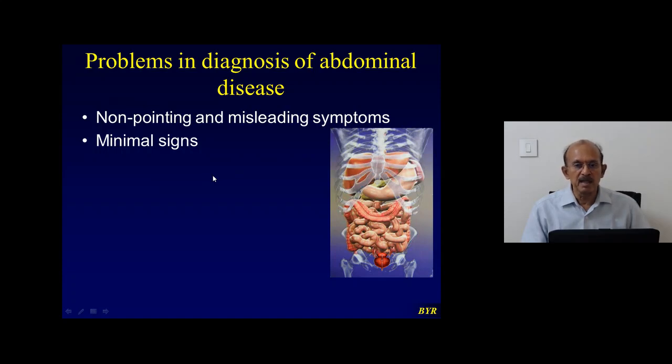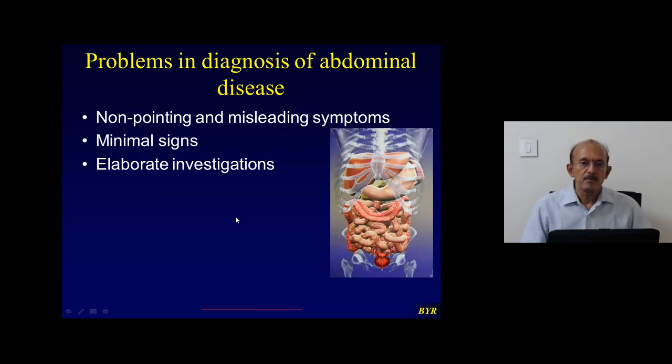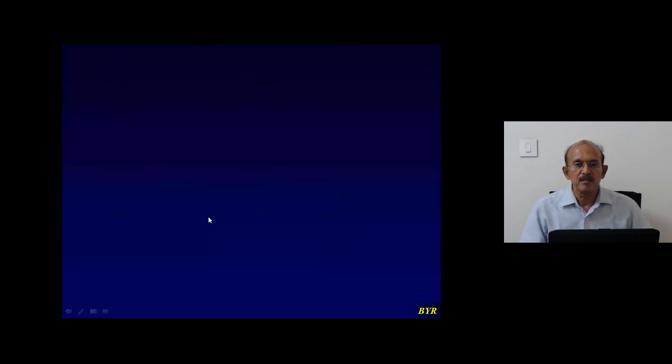We have seen it in acute pancreatitis in the initial stages. On the first day of the attack, you may find mild tenderness, but the patient will be groaning with pain. That is why the patient may need elaborate investigations to diagnose the case.